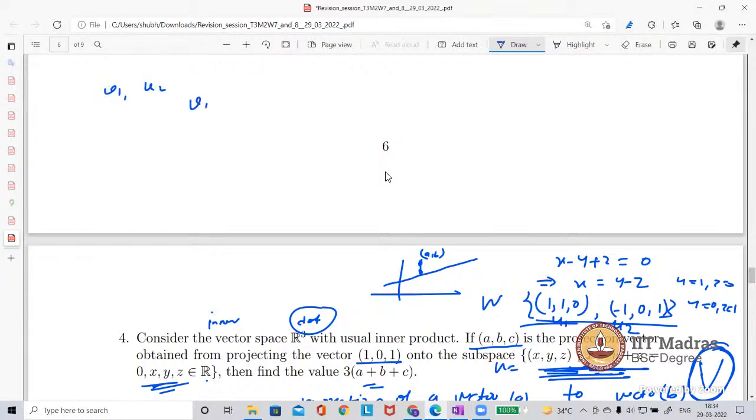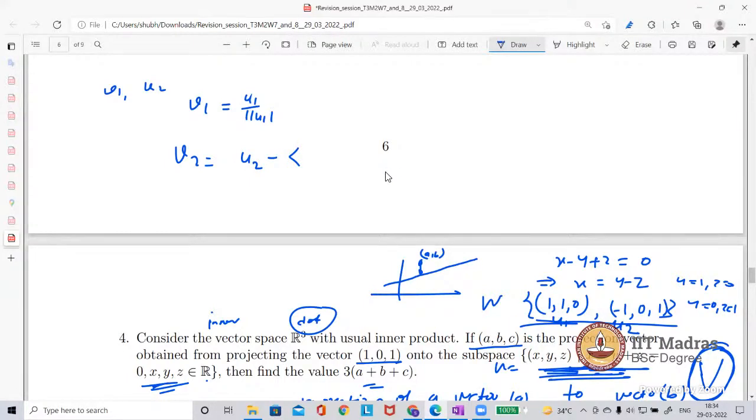So V1 is equal to U1 divided by the norm of U1. And next, what will be V2? V2 will be U2 minus the inner product of U2 and V1, times V1. I am not going to recall it, that is the process only.